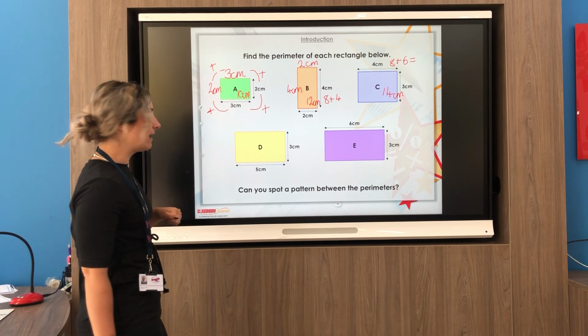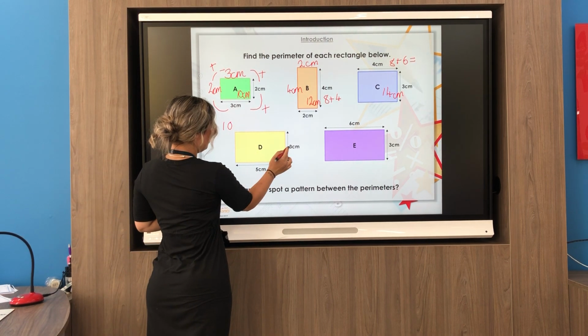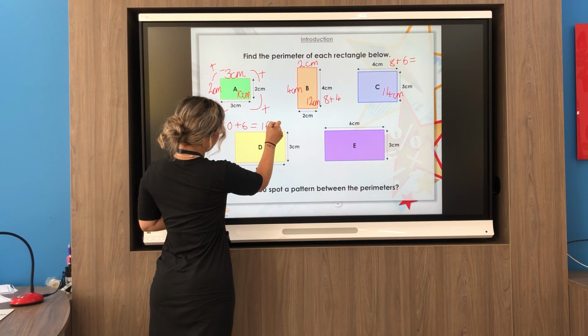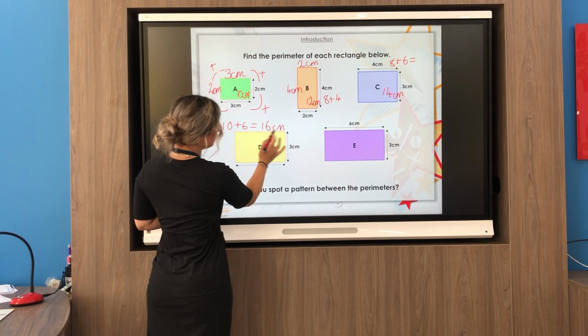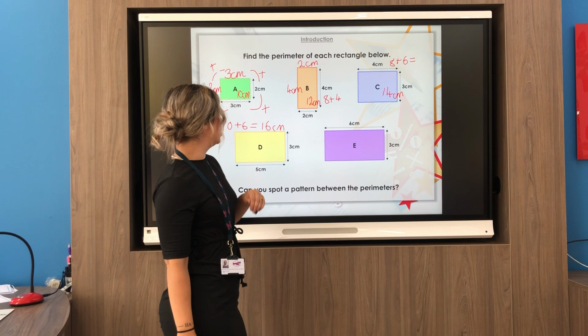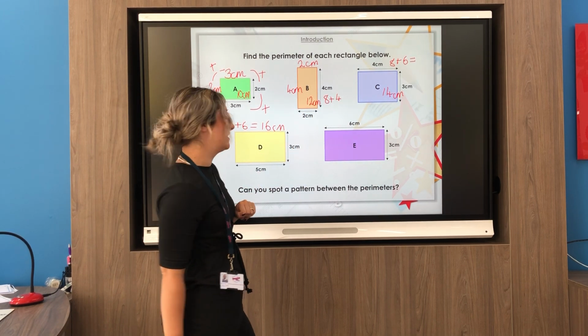Okay, I'm going to work the rest of the other two out now. So 5 times 2 is 10, 3 times 2 is 6. And was this the one that you had at home? 16 centimetres. And then the next one, I'm hoping it should, because it's going up in 2s, it should be 18 centimetres.